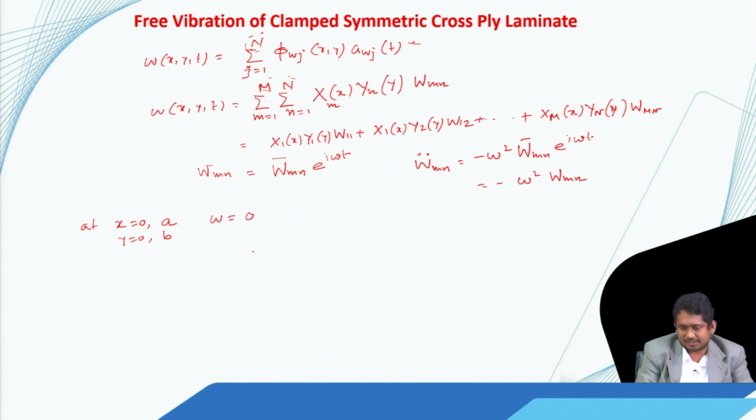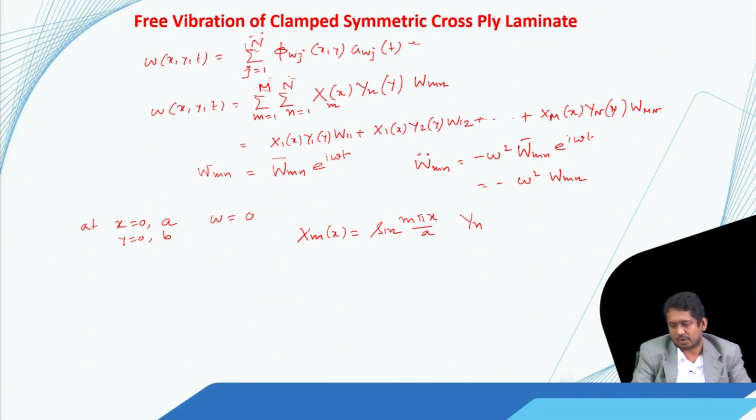So, for that we approximate X_m as a function of x as sin(m pi x by a), and Y_n as a function of y as sin(n pi y by b).